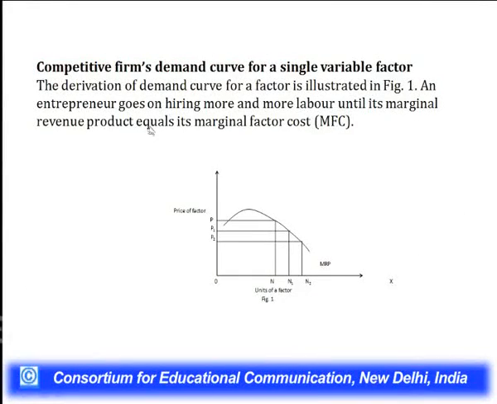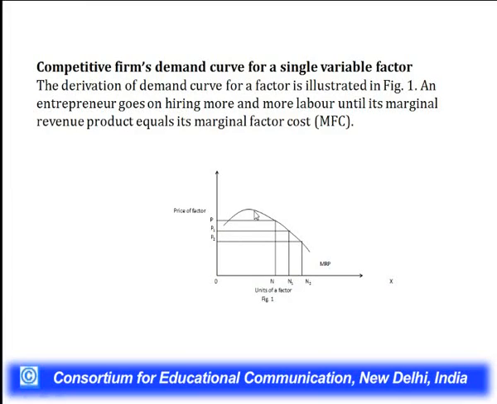So how can we find out the competitive firm's demand curve for a single variable factor? This derivation is illustrated in figure 1. Here we have taken labor on the x-axis and the price of the factor, or you can say the wage rate, on the y-axis. Actually the demand curve for a single variable factor, when other factors are constant, is the marginal revenue productivity curve, but only the downward sloping part of it.